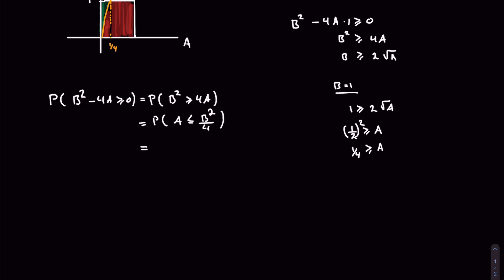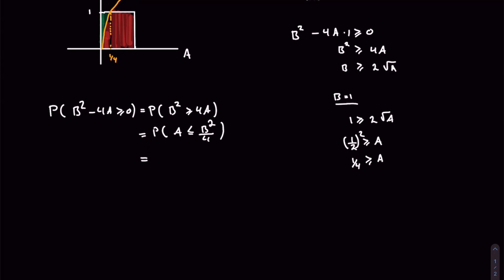Okay, so this integral now, you have to be a little bit careful about what region, the limits of the region. And let's start by looking at the inner part.